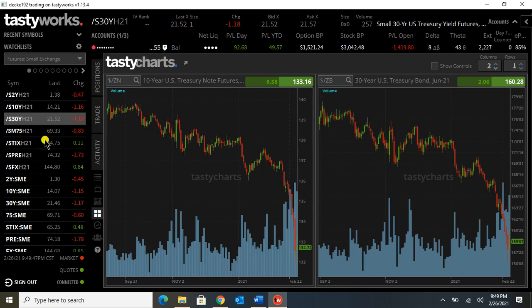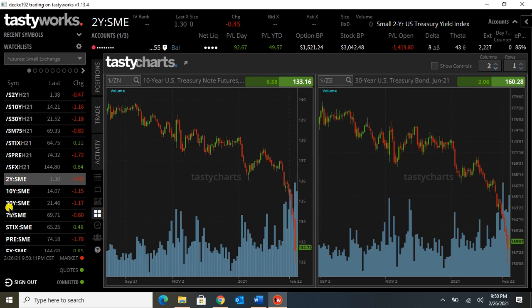So the yields are really easy to determine instead of the ZN and ZB product, so it makes a lot more intuitive sense. I'm just going to point out here that the /S2Y, S10Y, and S30Y, these are the actual futures products. So this is what is being traded right now. If you want to know what the actual yield is, you have to look at the index prices, and that's given by these 3 products here.